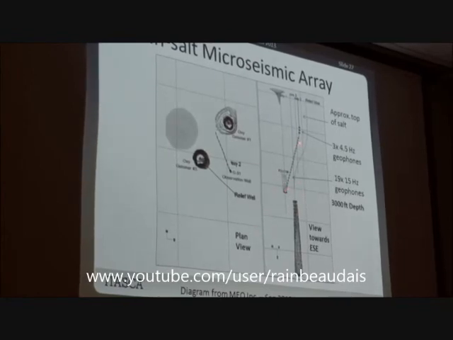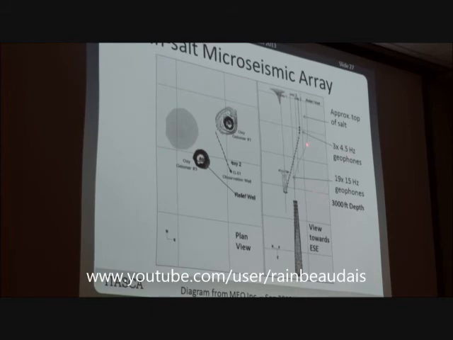There's going to be 19 geophones within this array that are at 15 Hertz. It's a much higher frequency that records much smaller events. And that's critical because we think there are smaller events going on around the caverns. We want to monitor those events to see exactly what's going on.